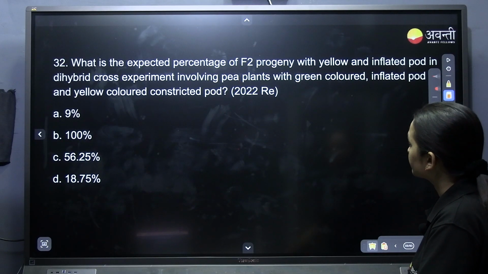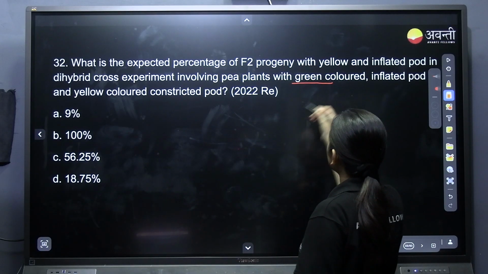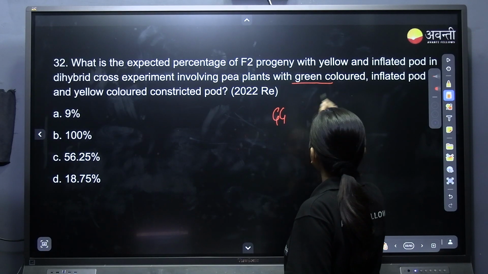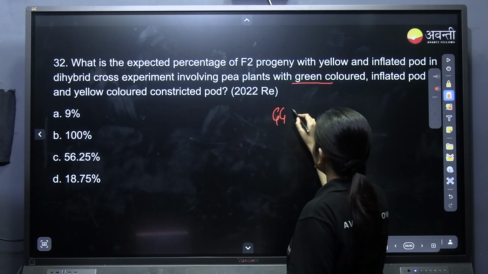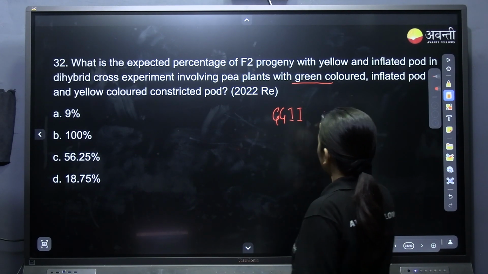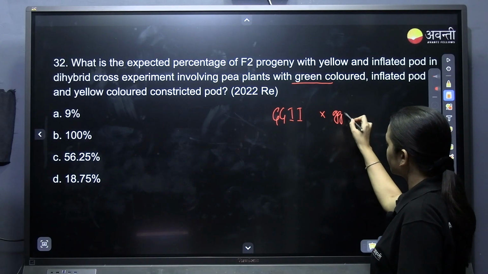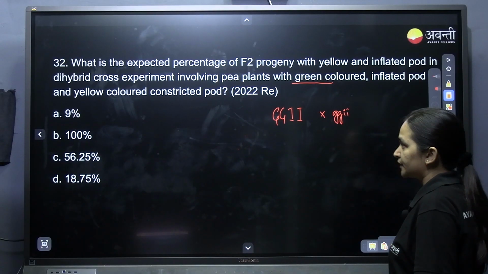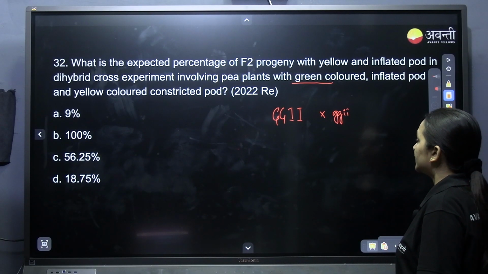Here the green color is a dominant one, green inflated is crossed with yellow constricted pod. So what is the expected percentage of F2 progeny with yellow and inflated?